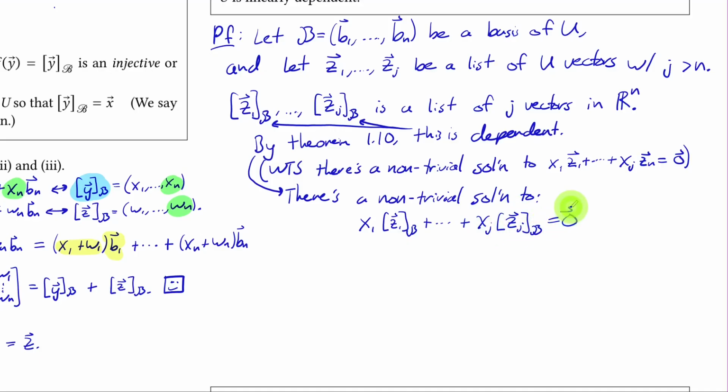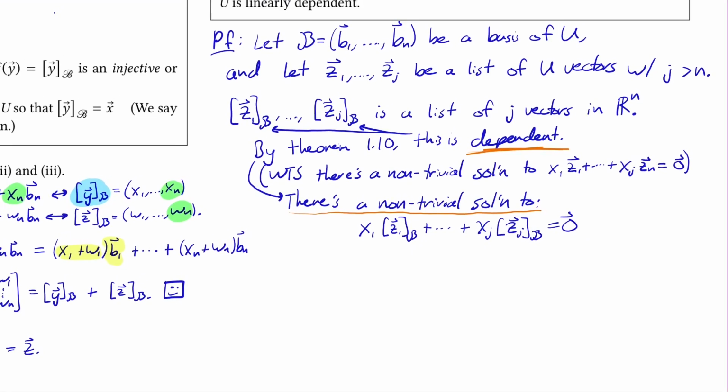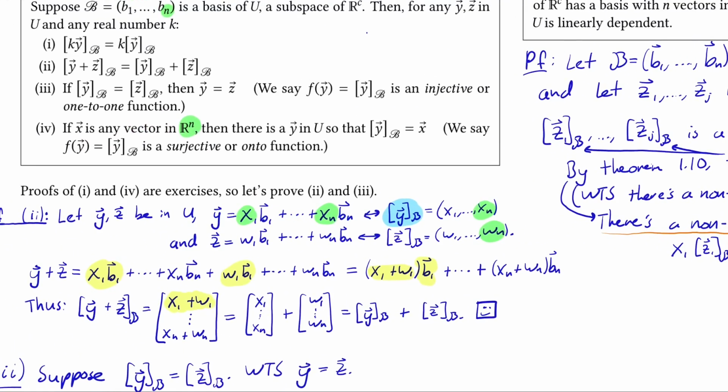So the dependence here means that there's a non-trivial solution to this homogeneous equation. And what we can do now is say, well, we're trying to show that the corresponding z vectors are dependent. So we're going to use this theorem bit by bit.